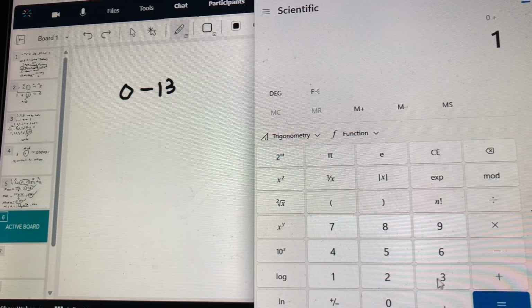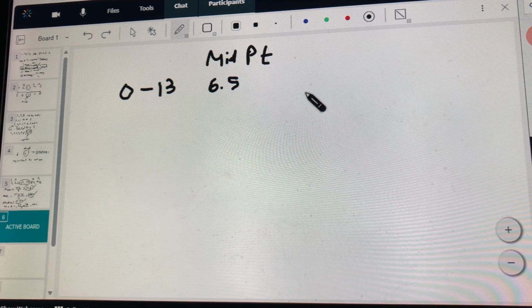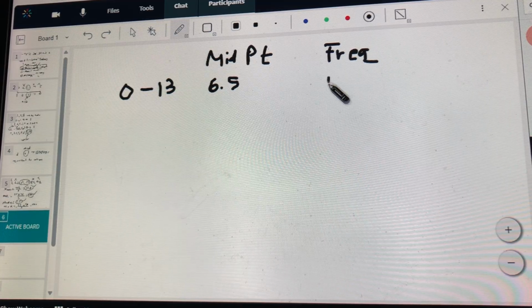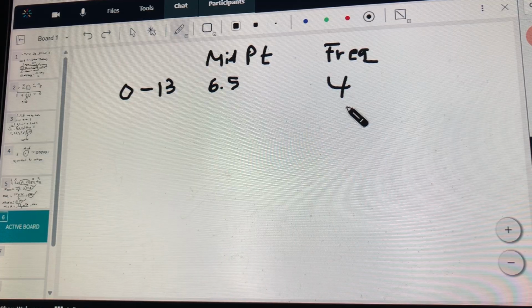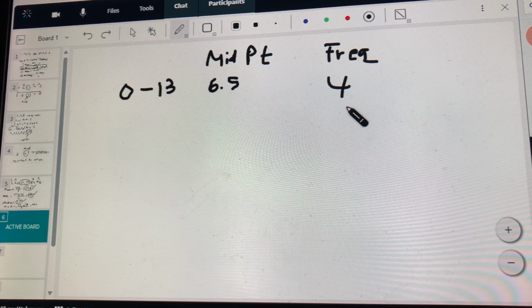If you average them, this is like the mid-range too, add them up and divide by 2, that's the midpoint. And there's 4 people that are aged 0 through 13, so the best I can do is assume they're all in the middle. If they're all about 6.5, that will be the closest estimate to what the real average is.